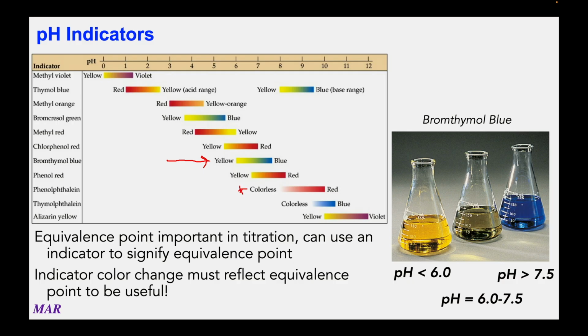Phenolphthalein, which is right here, is a common indicator used. It turns red when you get a lot of base around. So in acidic solutions, it's colorless, and it turns kind of a red-pink color when it's around a base. So they're kind of helpful, but they're not as cool as pH meters, especially if you want to measure quantities, like find equivalence volumes and pHs, stuff like that.